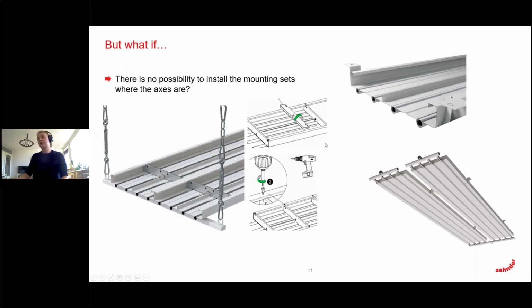Another possibility to avoid this and have the additional benefit of being very close to the ceiling is what we call Z profiles, because they have the shape of a Z. With this, you can suspend the panels directly to the ceiling, and these can also be moved around wherever they are needed. Again, the maximum distance should be 3 meters for these as well.